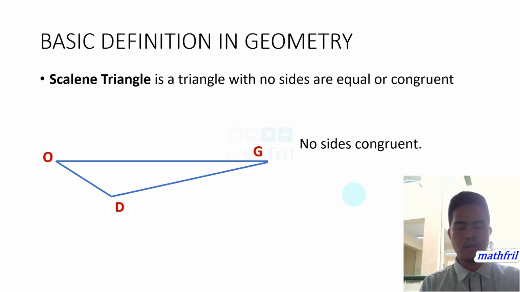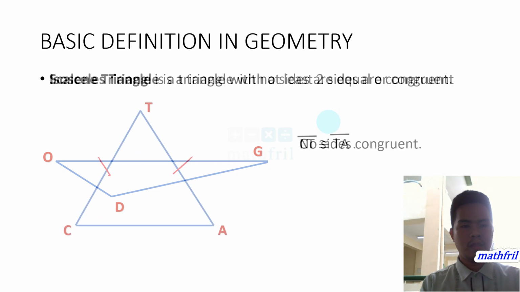Scalene, no sides congruent. Actually, triangles can be classified into two categories: with regards to angles and with regards to sides. Scalene is a triangle with no equal or congruent sides. So we're referring to the sides here. That's why we use the segments AD and DG.